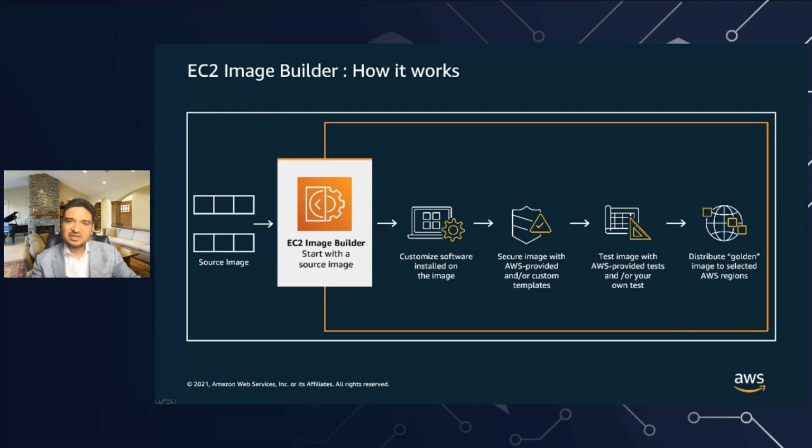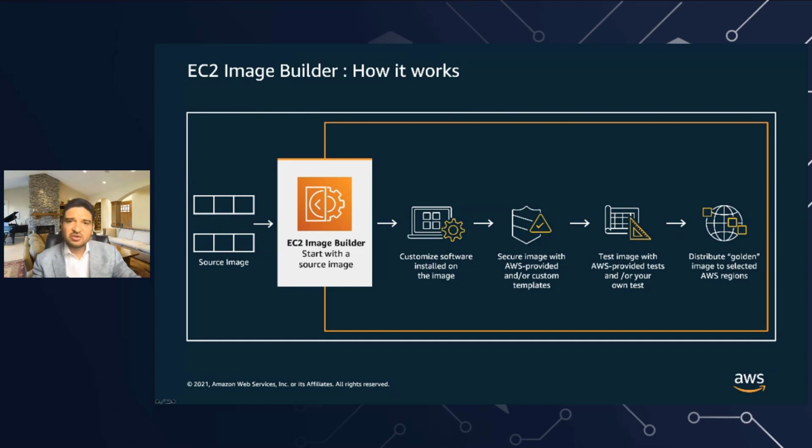There are some standard components, as I mentioned before, available natively as part of EC2 Image Builder, so you can just pick them up from there. For example, if you want to install the AWS CLI, you can just pick that component. You don't have to write any code or customize it, because that's a predefined setup.